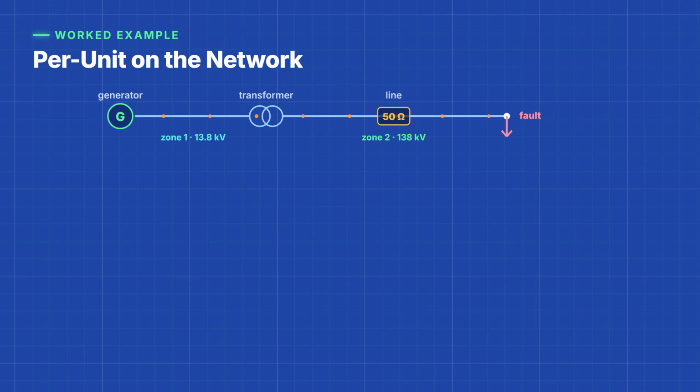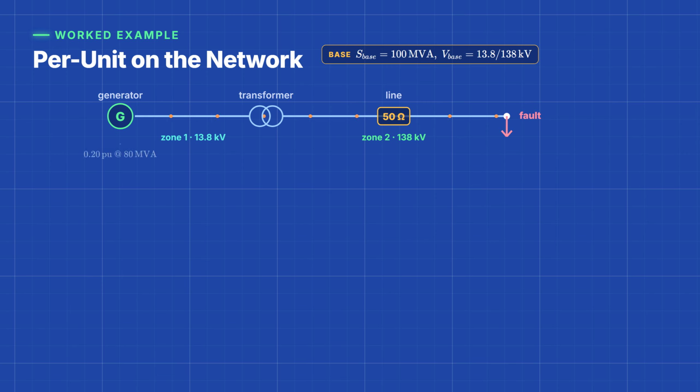Here's the network: a generator, its step-up transformer, a line, and a fault at the end. The generator and transformer each carry a reactance from their nameplates, and the line is 50 ohms. First, the base: 100 MVA for power with zone voltages of 13.8 and 138 kV. Now, left to right.